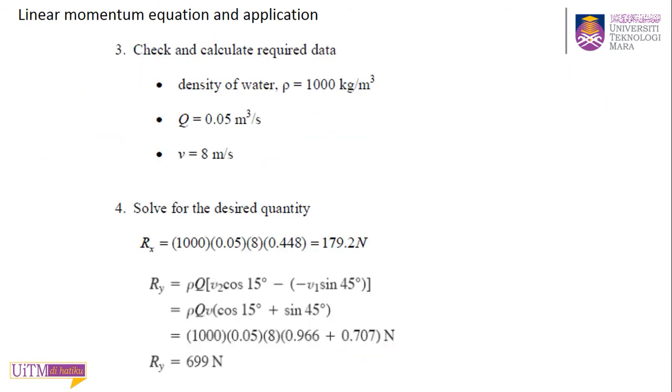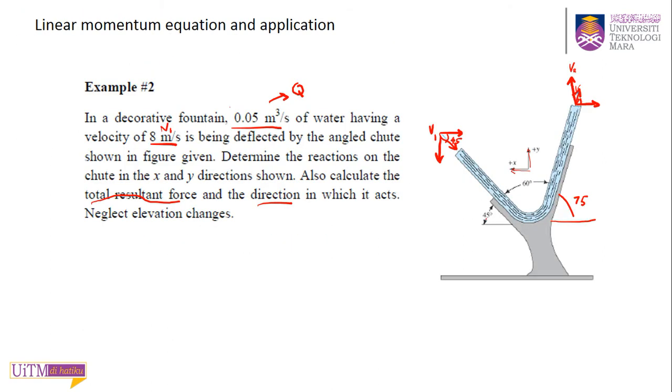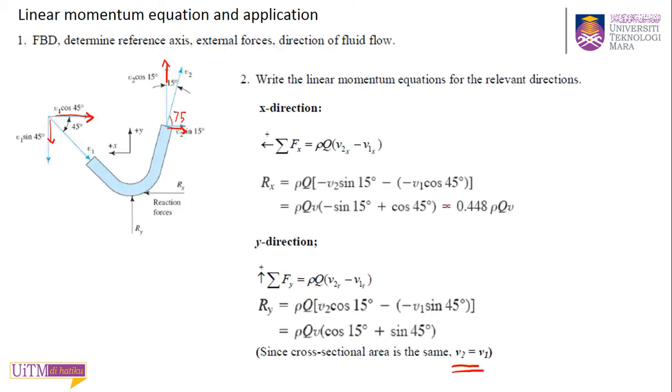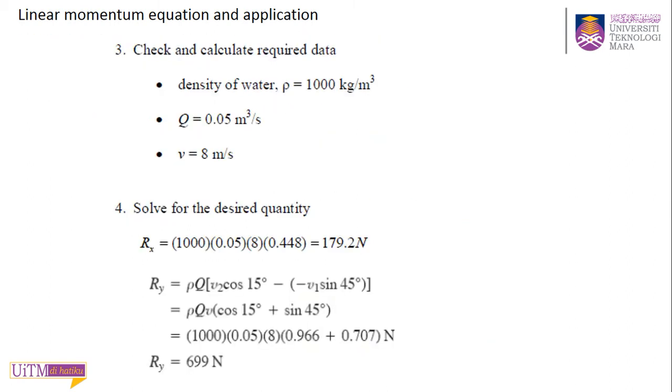Okay, and the velocity V is also given, 8 meters per second. Then you can solve your linear momentum equation: rho times Q times V times your (cos, sin minus) this one, 0.448. Okay, and solve for Y as well.